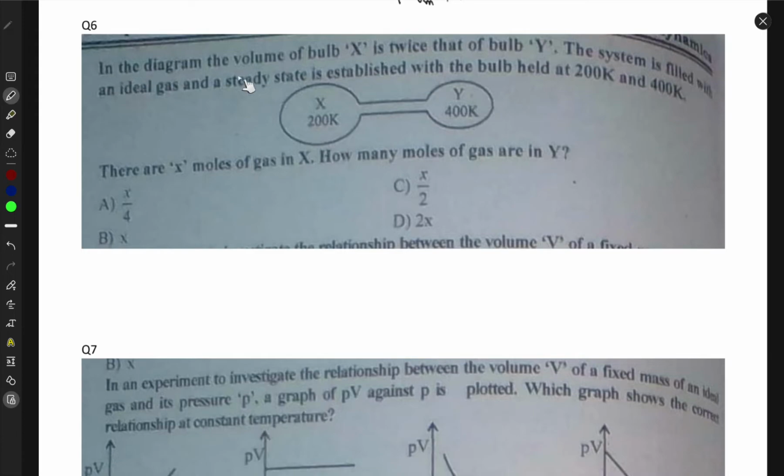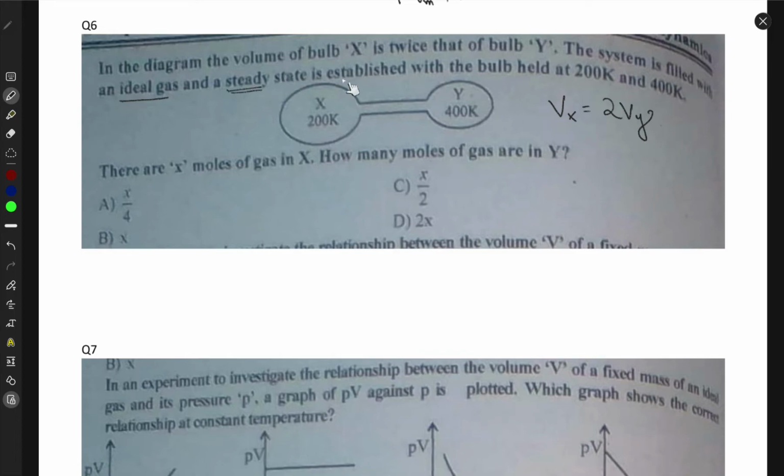And here we have a diagram where the volume of bulb X is 2 times the volume of bulb Y. So we can write this as V of X is 2 times V of Y, where V is the volume. The system is filled with an ideal gas and at a steady state, so it does not change with time.